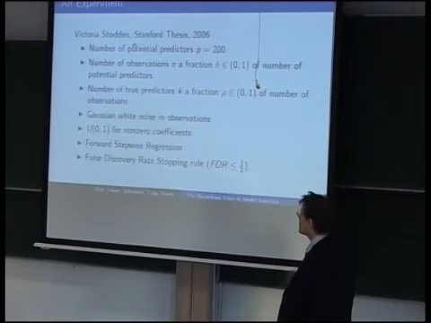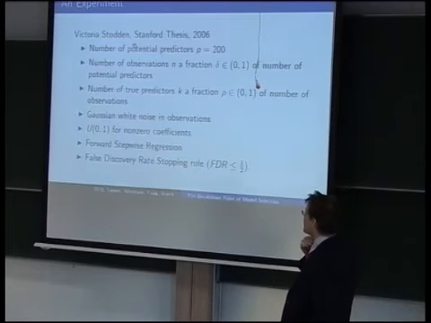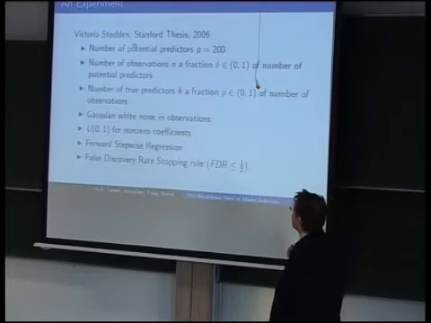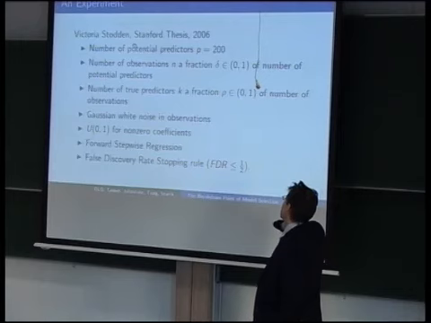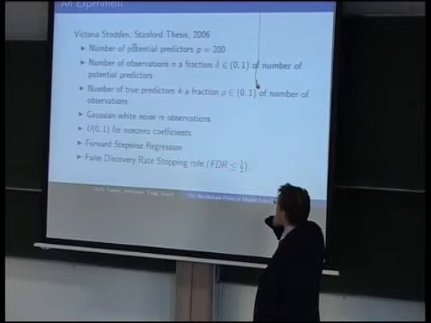Let's consider a situation where there's 200 potential predictors, and we take a number of observations that's set up to obey this variable delta, and a number of true predictors set up to cohere with this variable rho. And we're going to go across all delta and rho in the unit square and conduct an experiment.